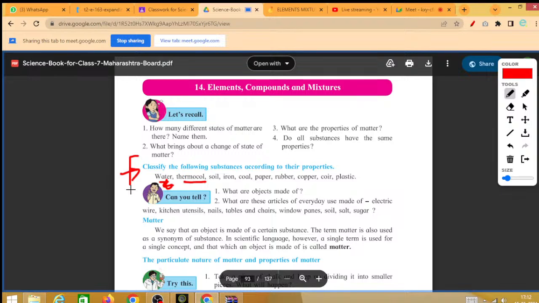Thermocol. What is it? You have to classify them based on solid, liquid or gas. Thermocol. Soil. Iron. Solid. Coal, paper, rubber, copper, coir, plastic. So what are all these?